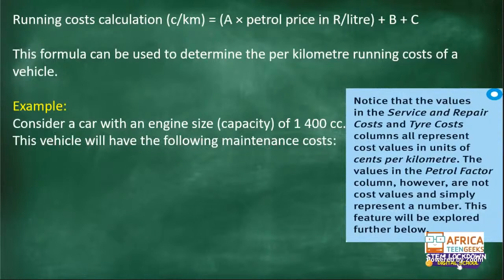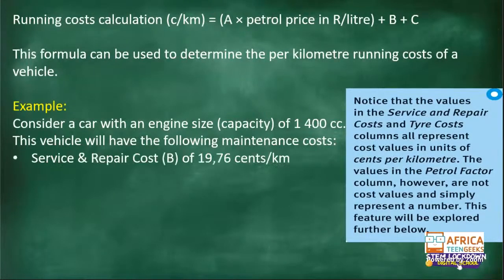So the vehicle will obviously have its own maintenance costs. So they're not the same. So the maintenance costs of this vehicle will be as follows. Firstly, you will have the service and repair cost, which falls under B, which is about 19 rands and 76 cents per kilometer. So those are the service and repair costs, and they are charged per kilometer.